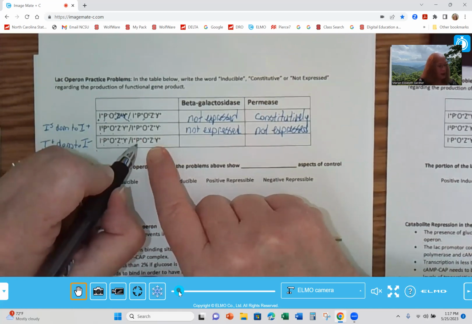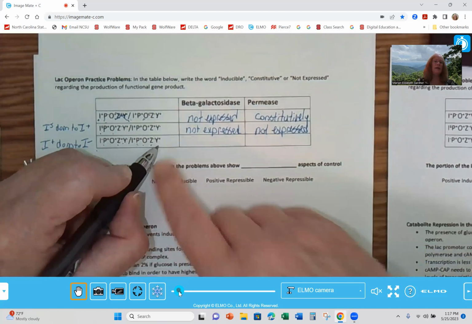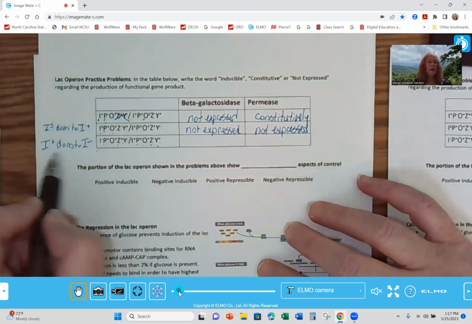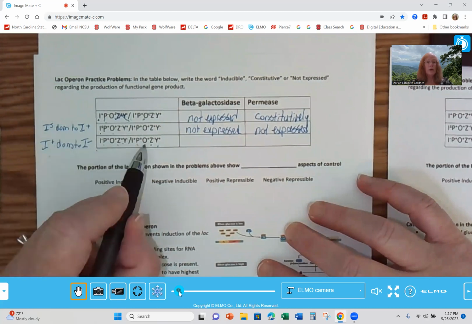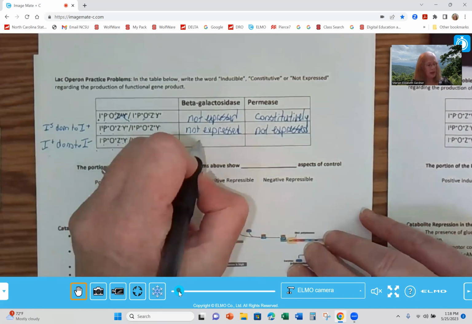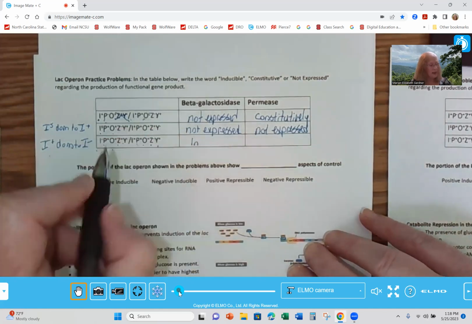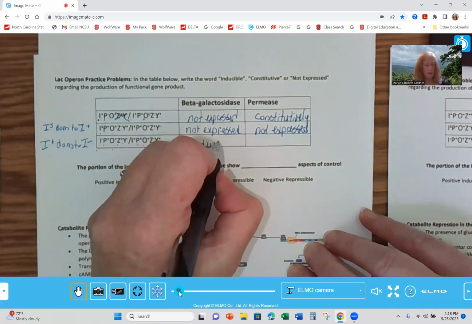On the second one, we also have a good promoter and a good operator, bad beta-galactosidase gene, but a good permease gene. So since we have a good repressor, that repressor will bind to both of these O plus normal operators when lactose is absent, but will not bind when lactose is present. So in both of these cases, we will get inducible control of both enzymes.